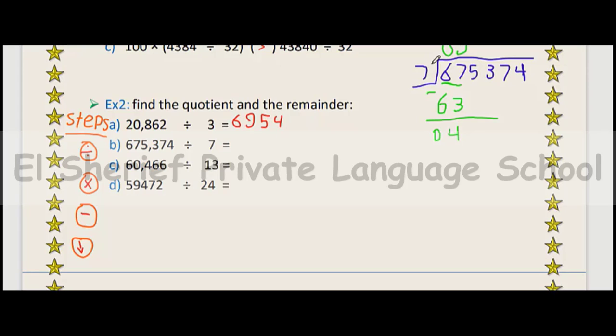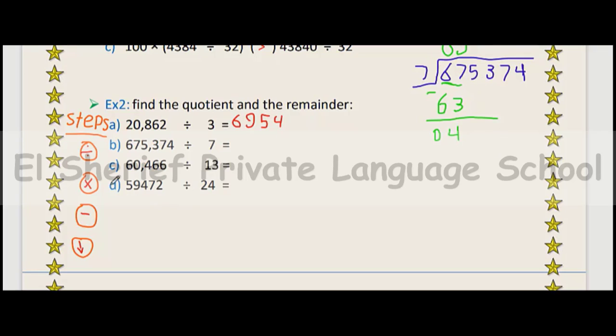Why don't we take or choose 10? 10 times 7 equal 70, and 8 times 7 equal 56. So the nearest number was 63, and 63 was 9 times 7.